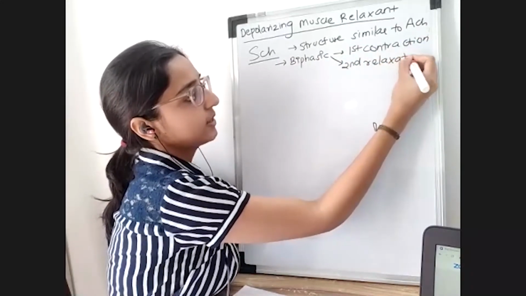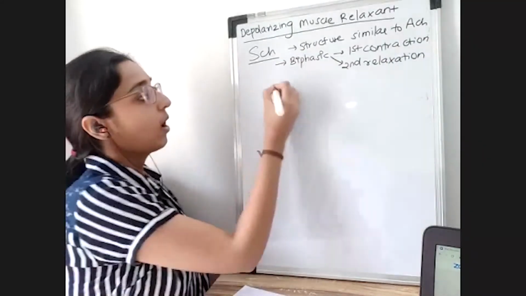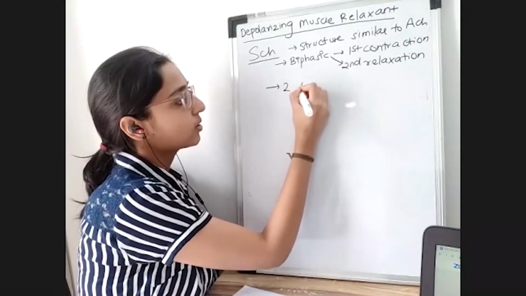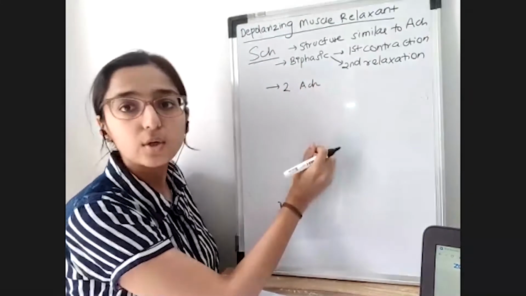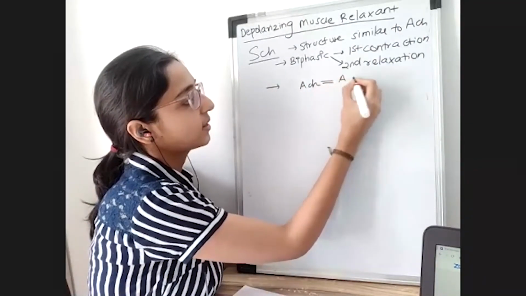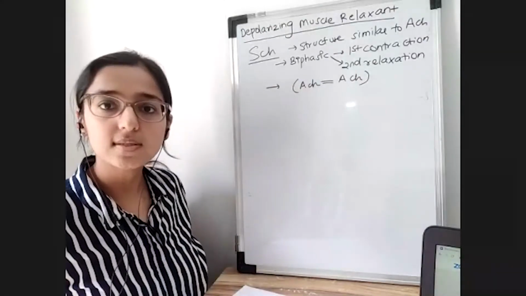How is the structure of succinylcholine? There are two molecules of acetylcholine that are bound to each other, which forms succinylcholine.